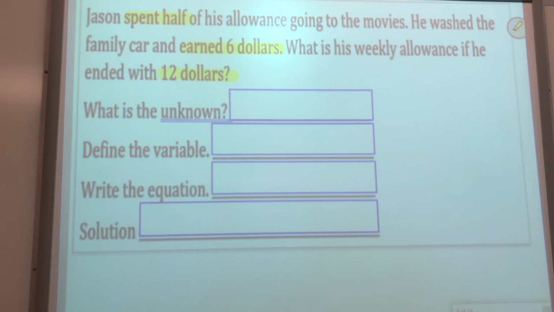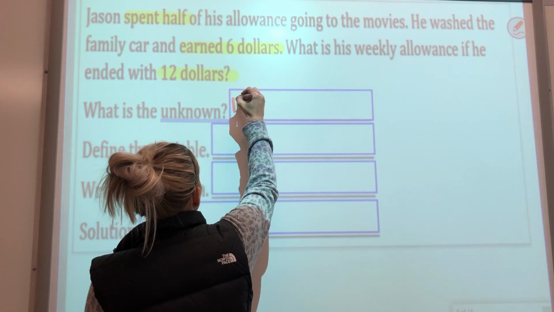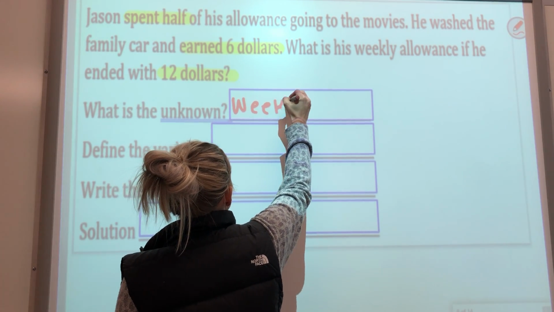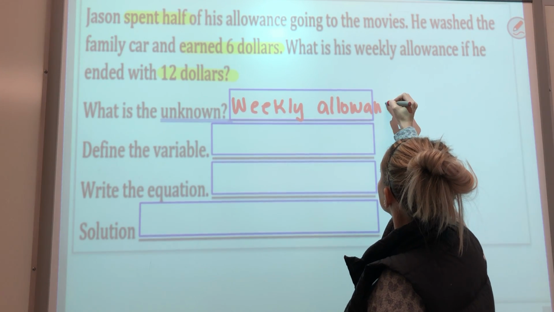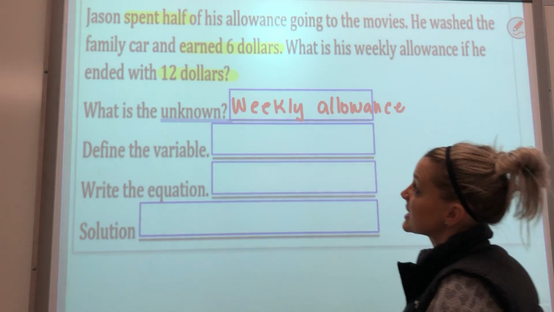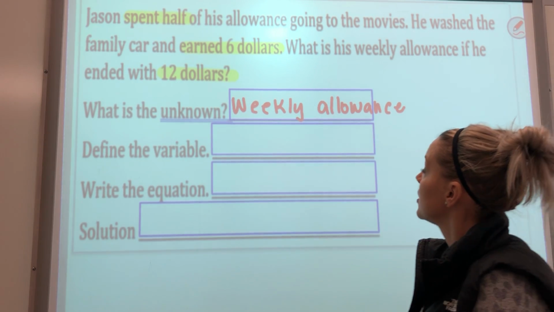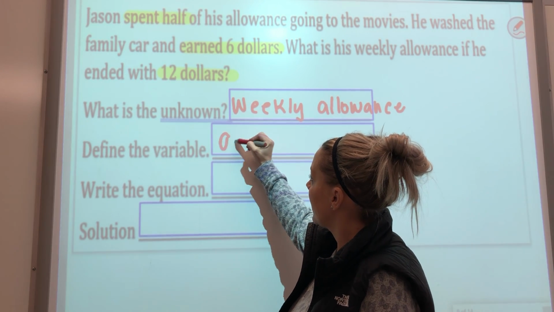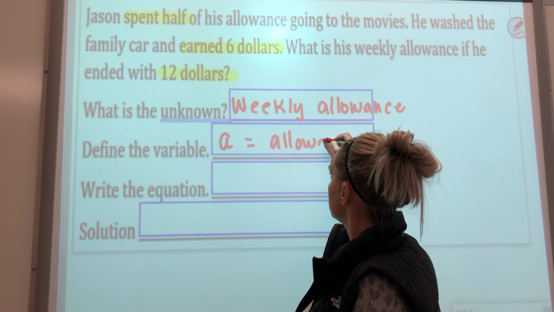So our unknown is what his weekly allowance is. We don't know what that is. We know he spent half of it, but we don't know what the weekly value is. So we can define A is equal to his weekly allowance.